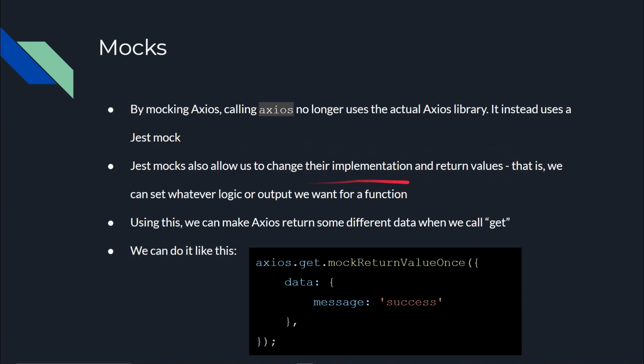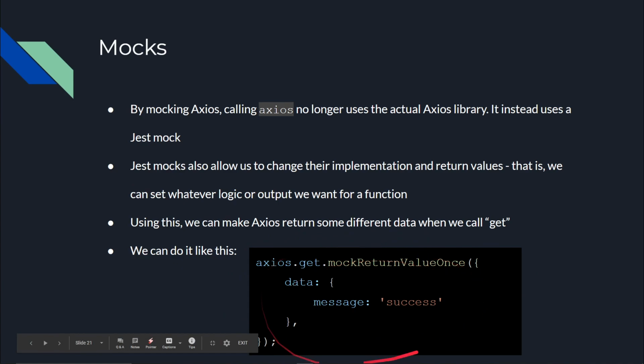So instead of Axios actually making an HTTP request to the placeholder API, we can just tell it to return something else, and it won't call out to the API. So to do this, we can add a mock return value.